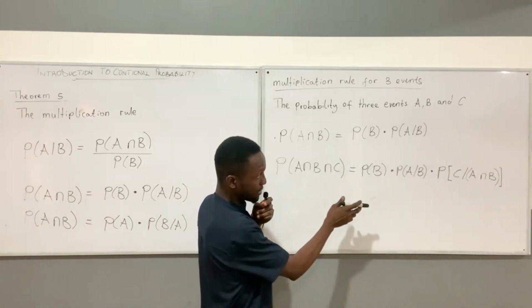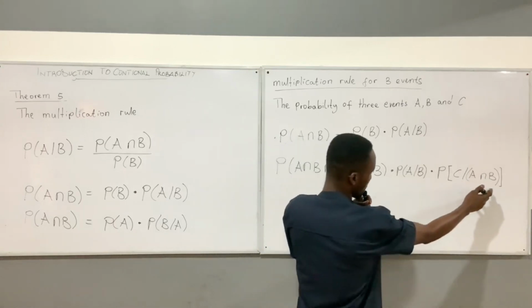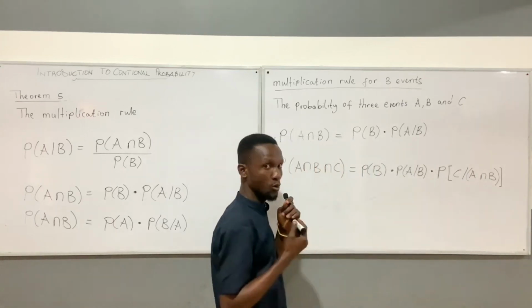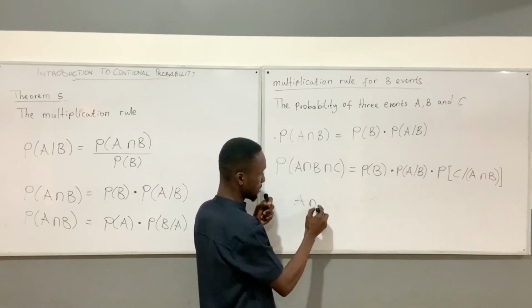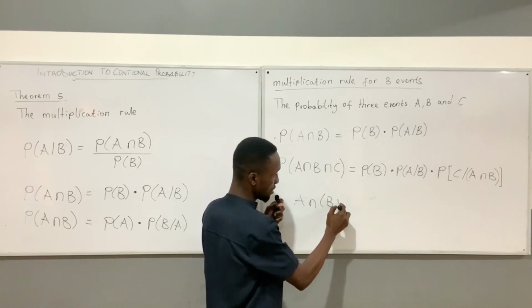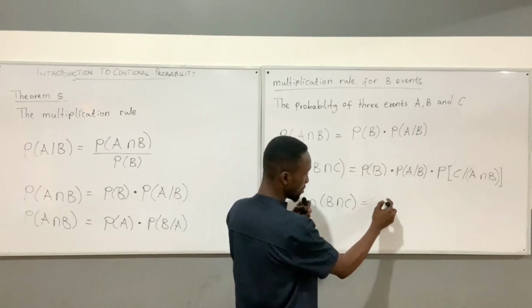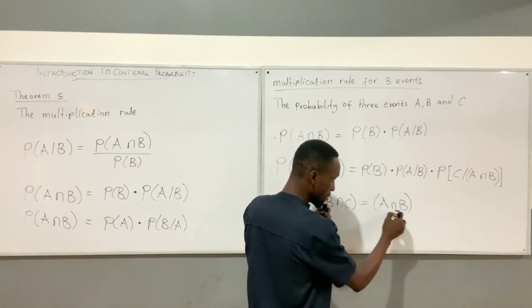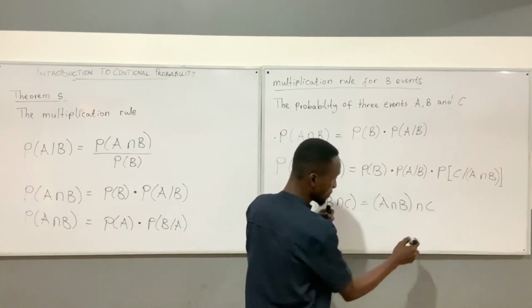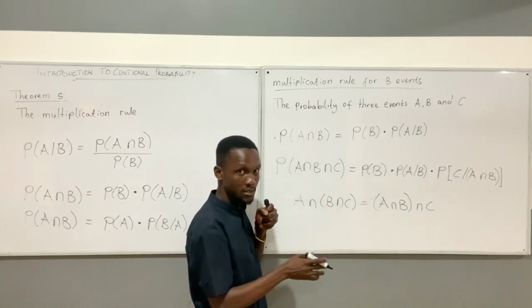Now, this should not confuse you, because what we have here is an associative law, which says that when I have A intersection B intersection C, then the result will be equal to A intersection B intersection C, grouped differently, so that even if I interchange them, I should get the same result.